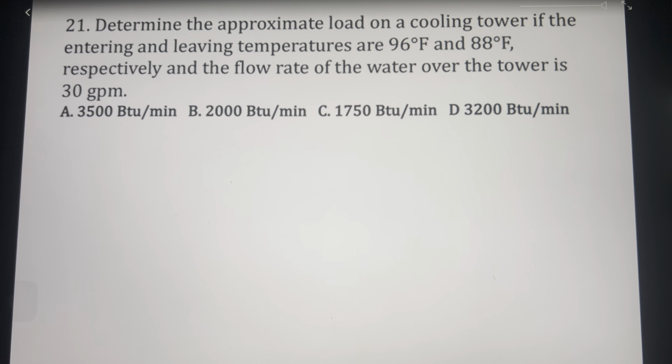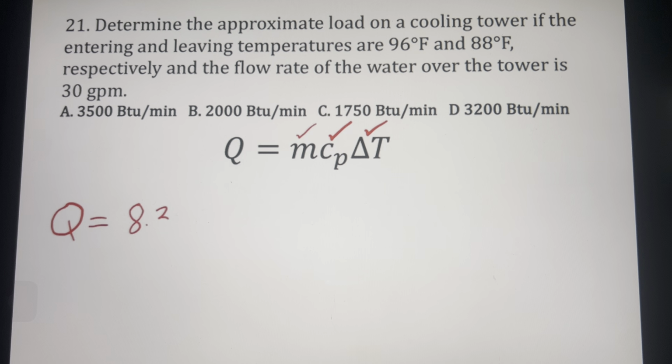Our Q is equivalent to mass, which is density times volume. For our density, we can use the value 8.33, which has a unit of pounds per gallon. This is very helpful if our volume has a unit of gallons, which is true in this case.